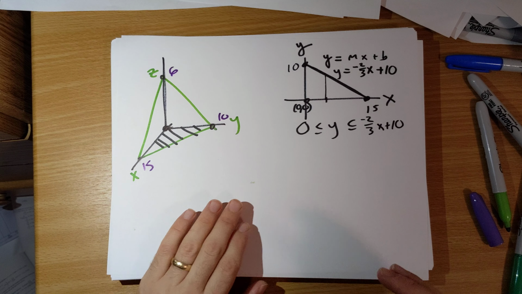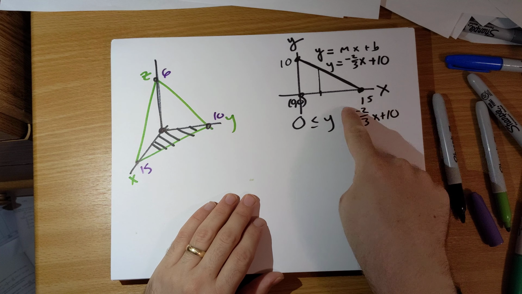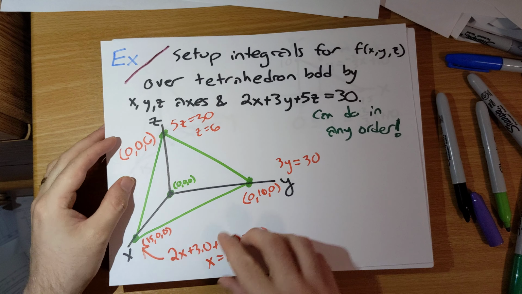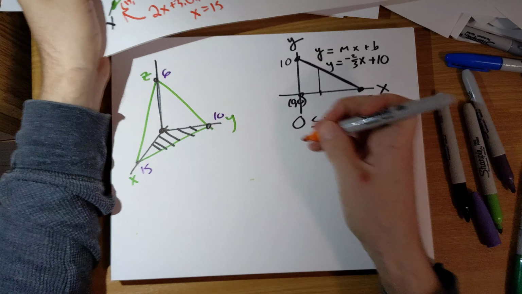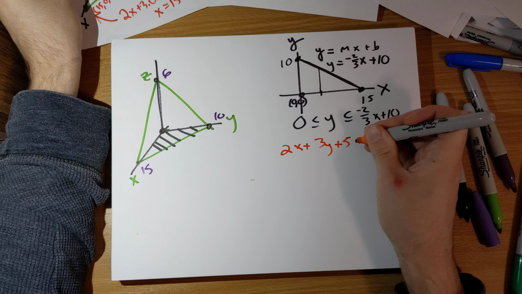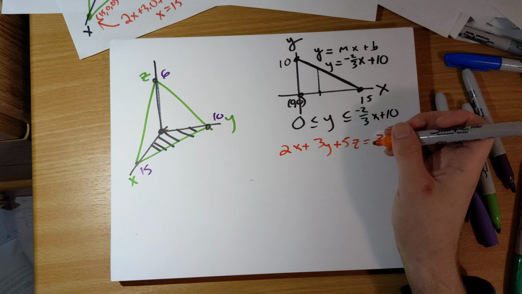By the way, before I do the z bounds, let me point out a different way to come up with y is equal to negative 2/3 x plus 10, and that comes from this equation right here. We start with 2x plus 3y plus 5z is equal to 30. That's the equation of this plane.